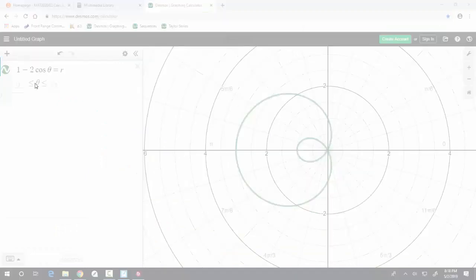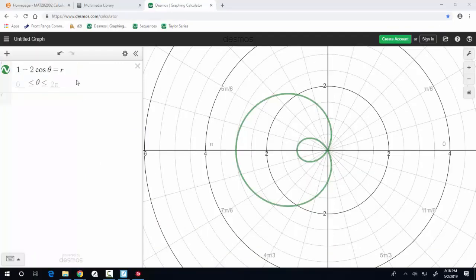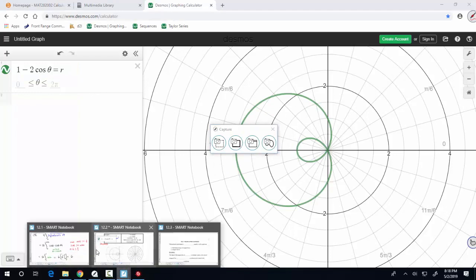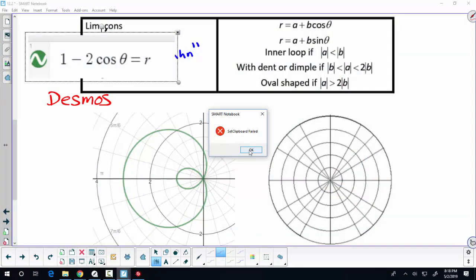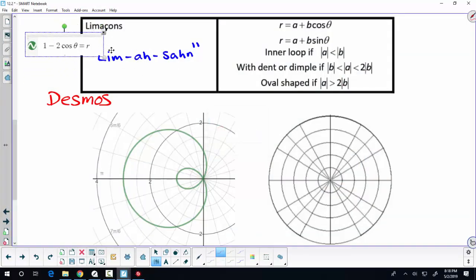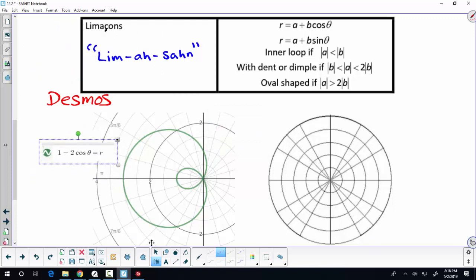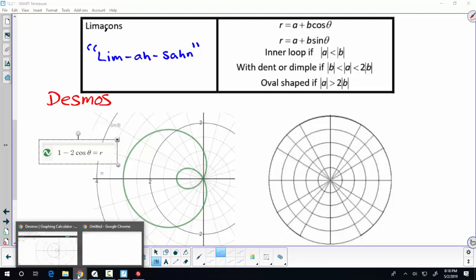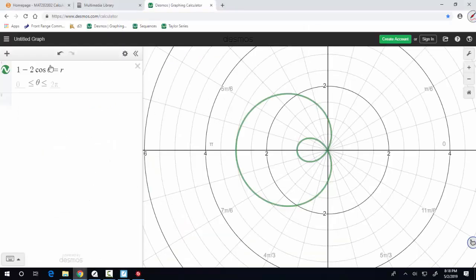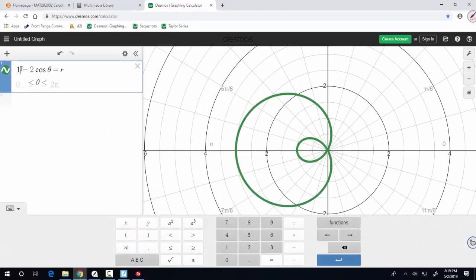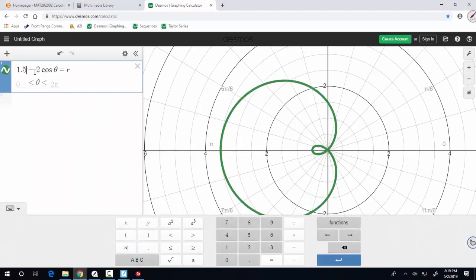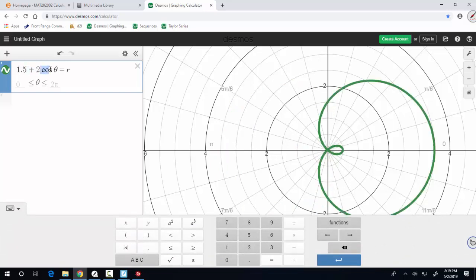These are a little harder to graph. So 1 minus 2 cosine theta, and then we'll look at one that doesn't have a loop. So let's look at 1.5 plus 2 sine of theta.